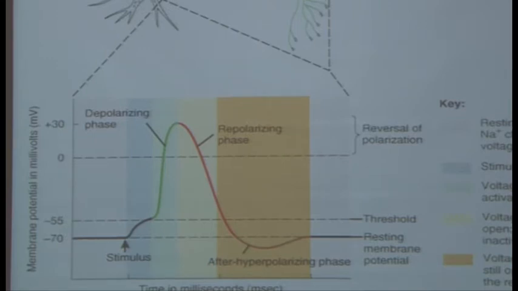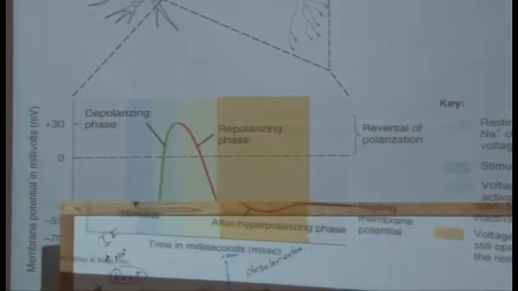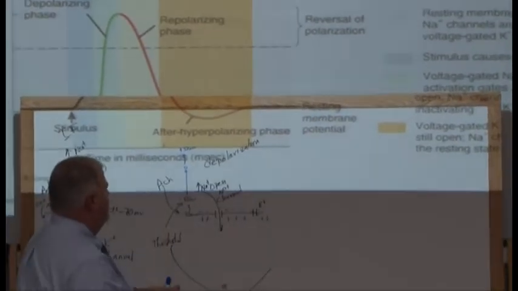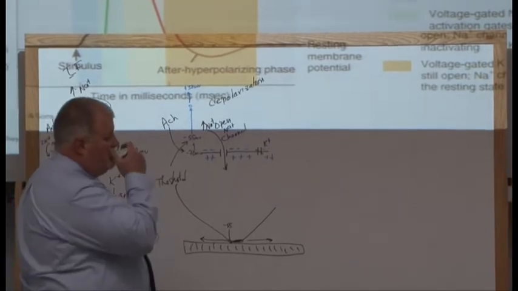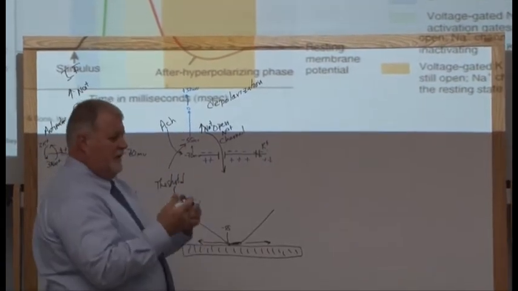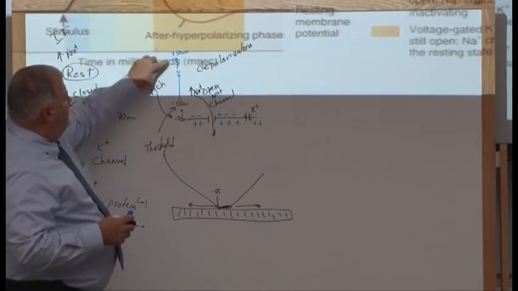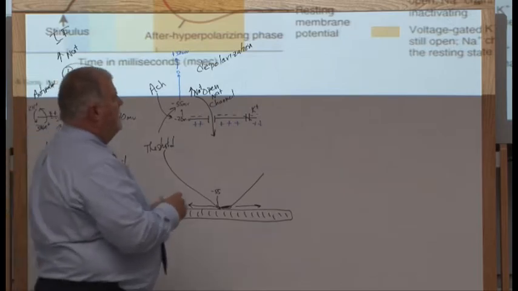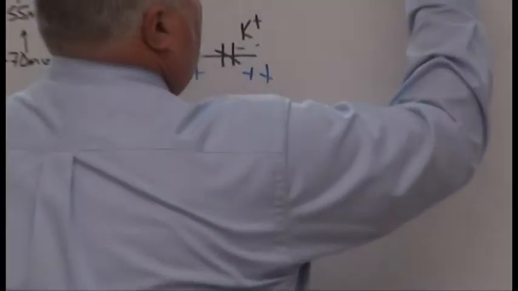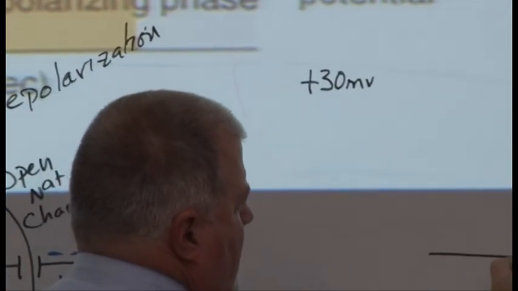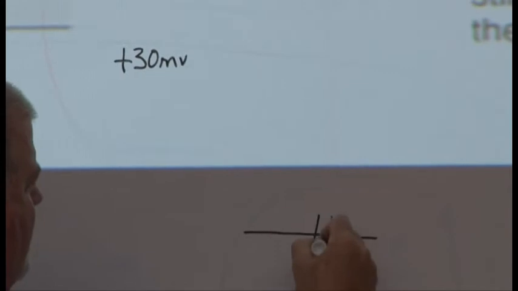What I want to do is complete our picture for us. These channels respond to changes in membrane potential, so they're voltage-gated channels, because that's what causes them to open. What happens is the membrane moves to plus 30. As soon as the membrane hits plus 30, that's going to close our sodium channels.